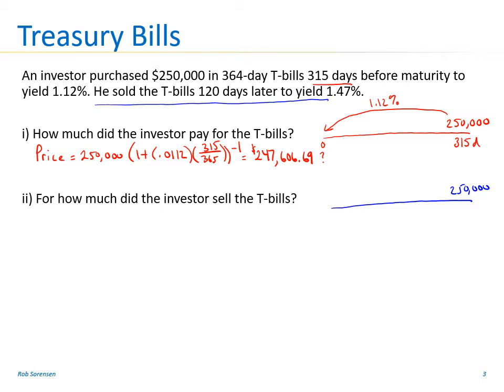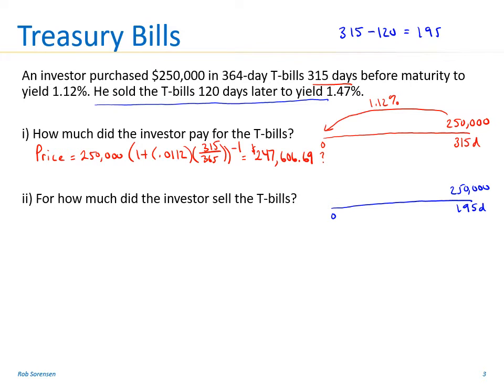If this investor sold them after 120 days, he had originally bought them 315 days before they were due. Now he's selling them 120 days later. There must only be 195 days left at this point, because 315 days minus the 120, well, that's 195.